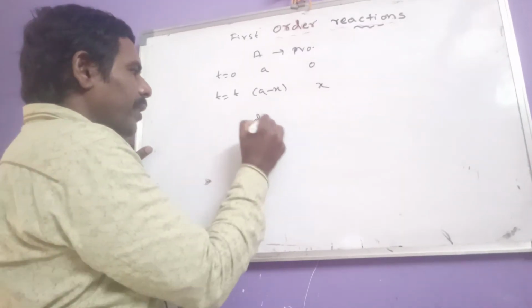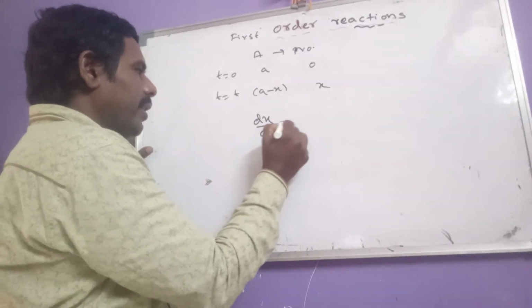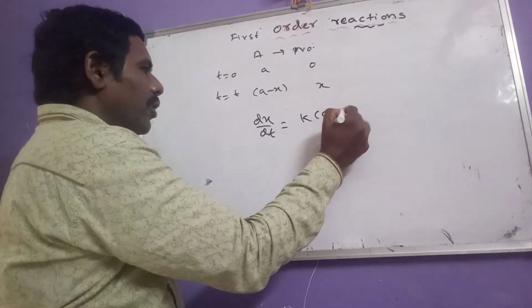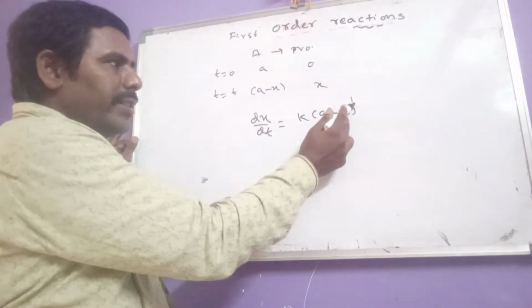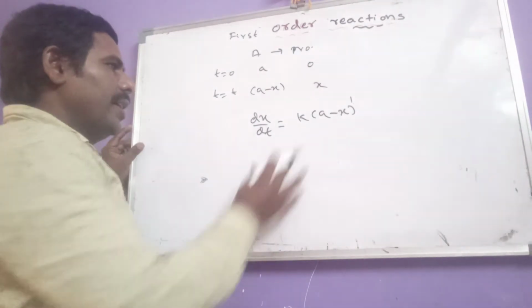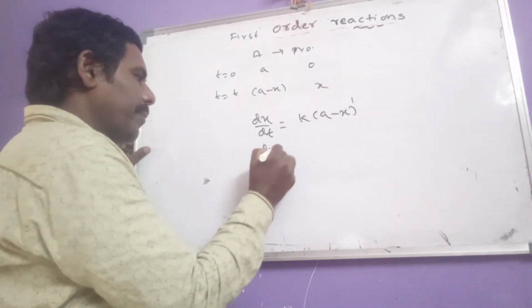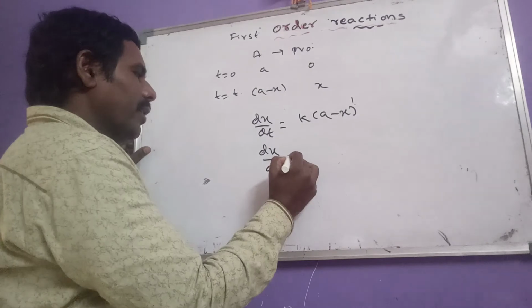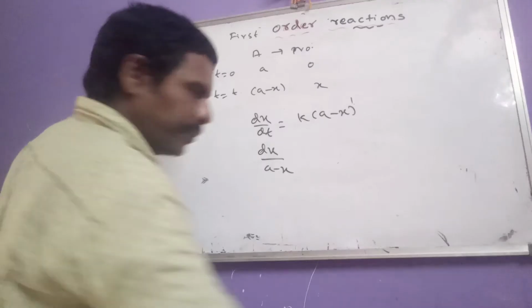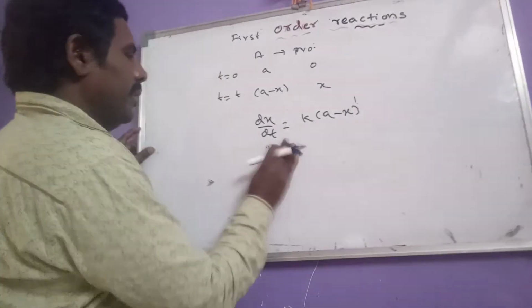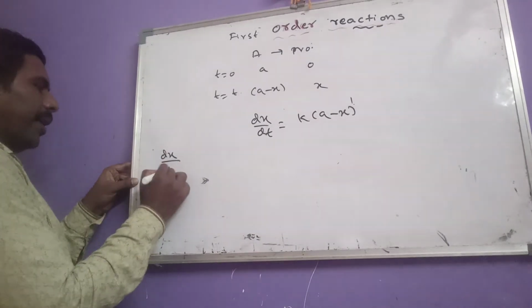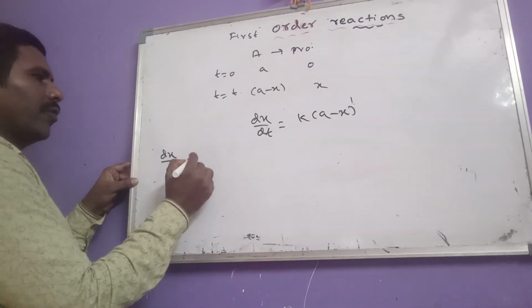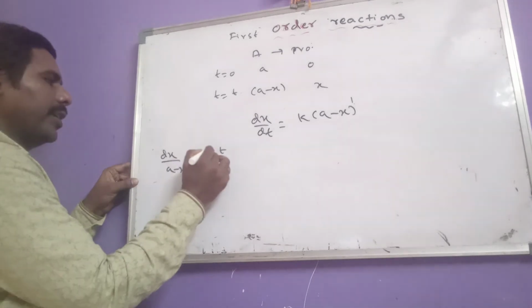Now dx/dt equals k into (a minus x) to the power 1, because it is first order kinetics. Upon rearrangement, dx/(a minus x) equals k dt.